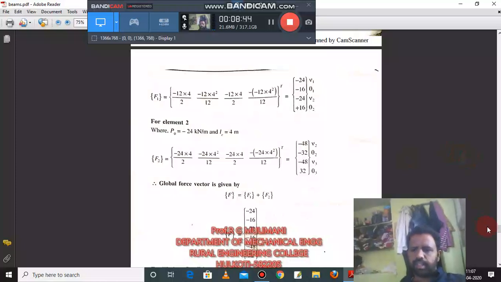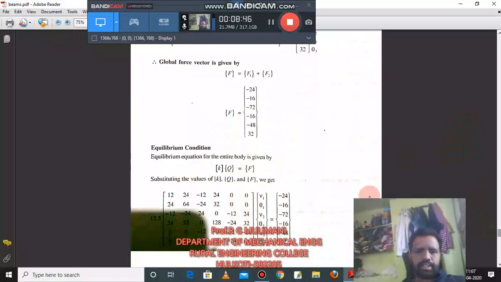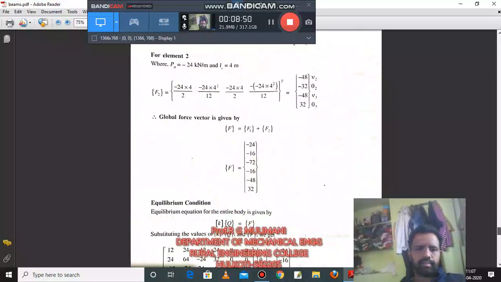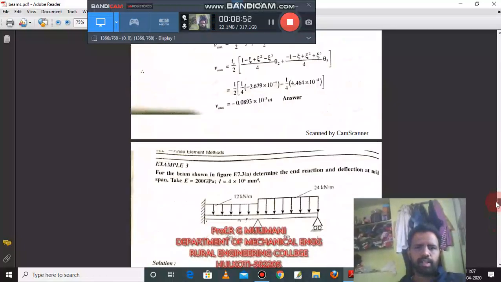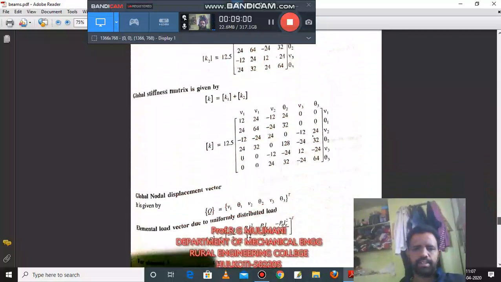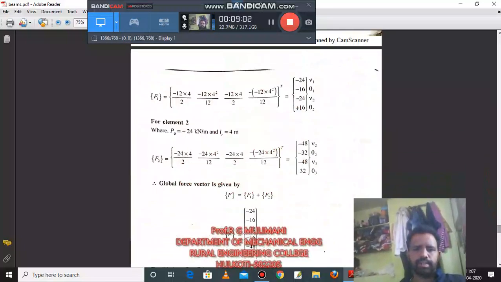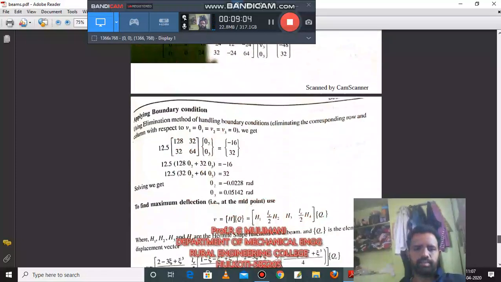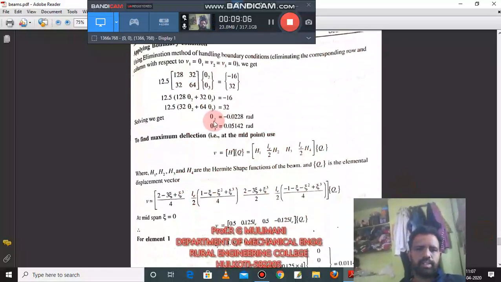Okay, then you take it in this form. What are the constants here? Okay, V1 theta 1 is 0, V2 is 0, V3 is 0. So you will again get a 2 by 2 matrix. The corresponding rows and columns can be deleted. So the unknowns are theta 2, theta 3.